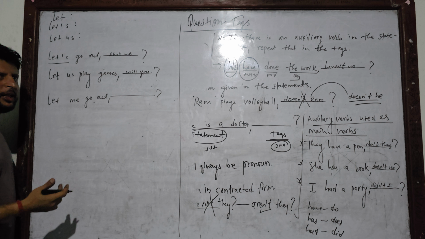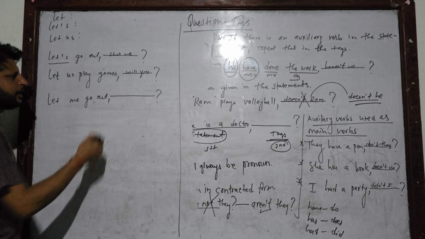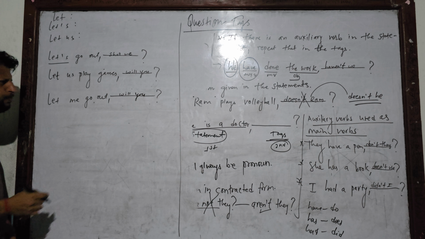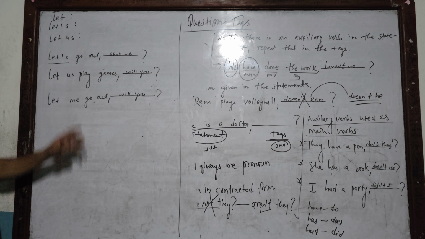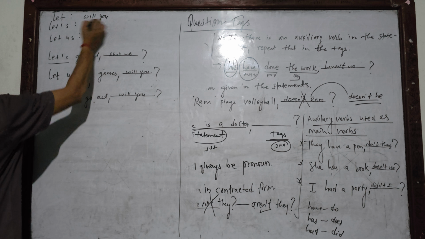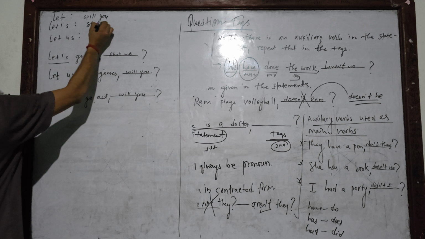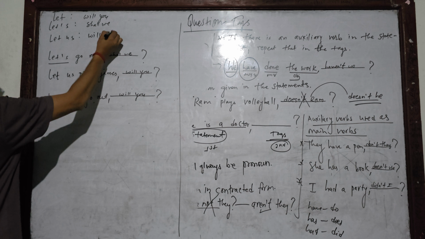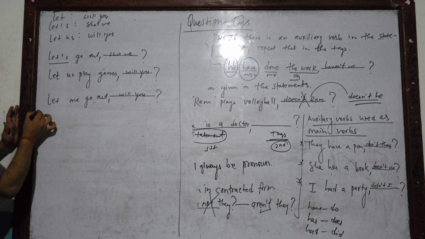It's definitely asking for permission, right? So what do you write here? Will you? So don't get confused. When it comes with let, write will you. When it comes with let's, shall we. And when it comes with let us, also we write will you. So this is one part.